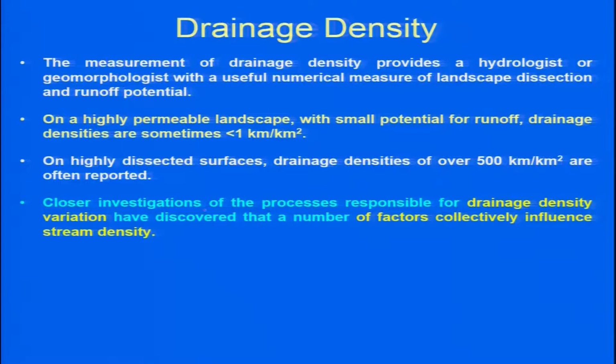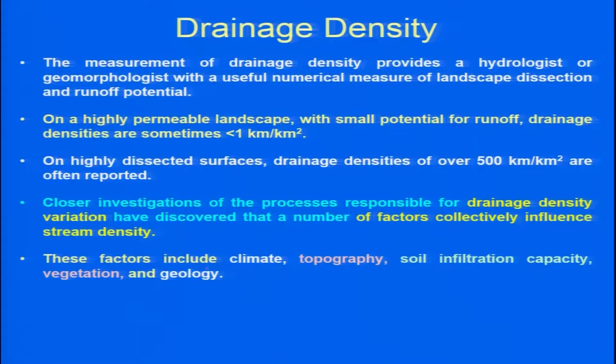Closer investigations of the processes responsible for drainage density variations have discovered that a number of factors collectively influence the drainage density. These factors are climate, topography, soil infiltration capacity, vegetation and geology.